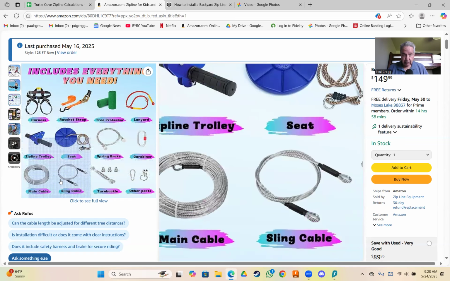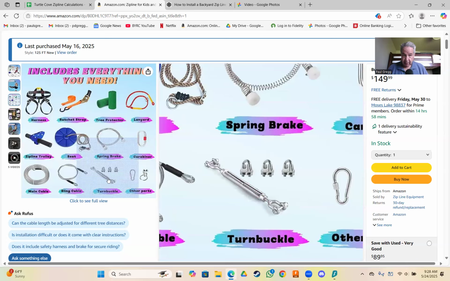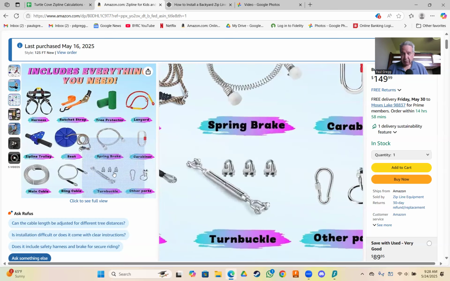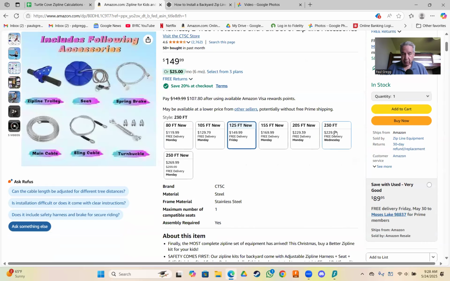There's the cable and the sling cable and the turnbuckle, which you use to do the final tensioning at the top end, and then a bunch of hardware that seemed okay for $125. I can't believe it. Seemed really good. Now the more expensive one is one with a thicker spring, and if I were having it to do over, maybe I would do that, but I don't plan on it.